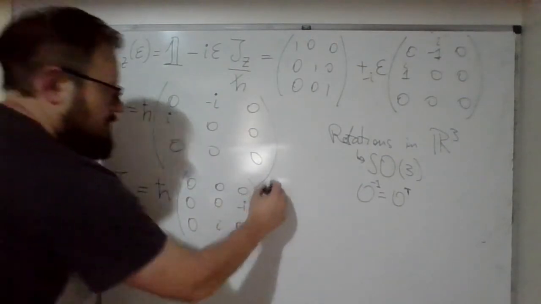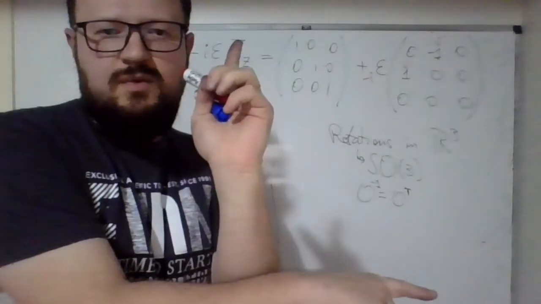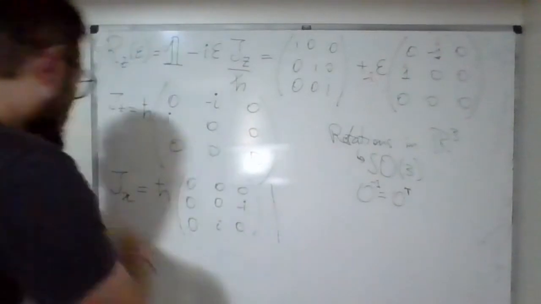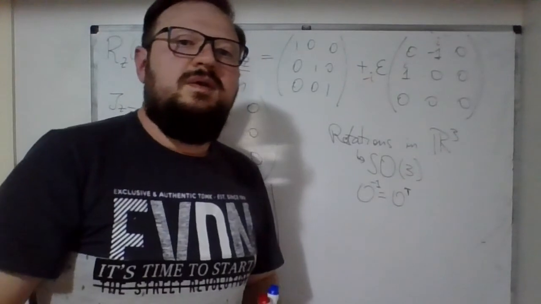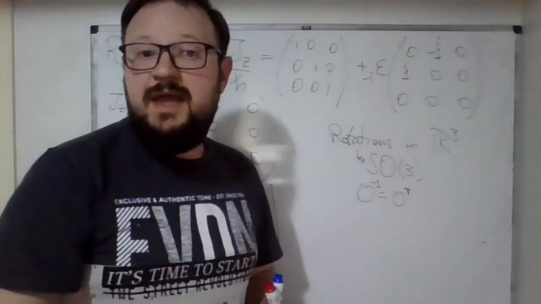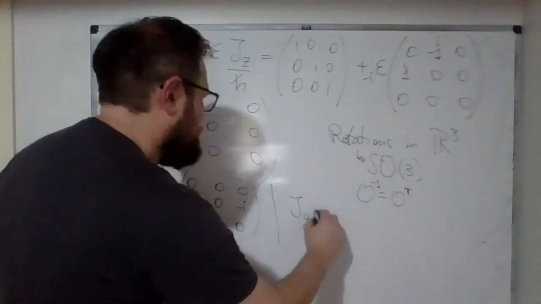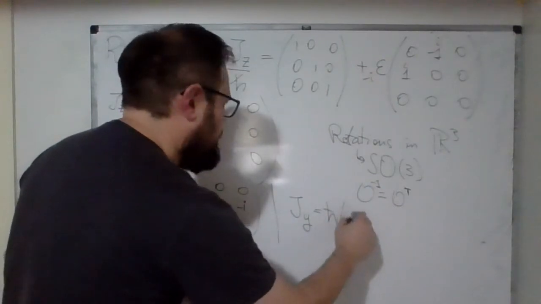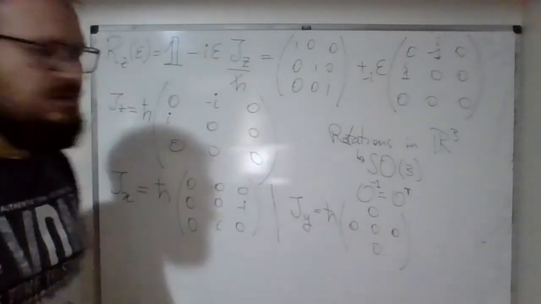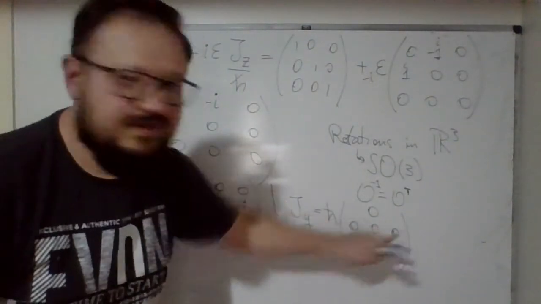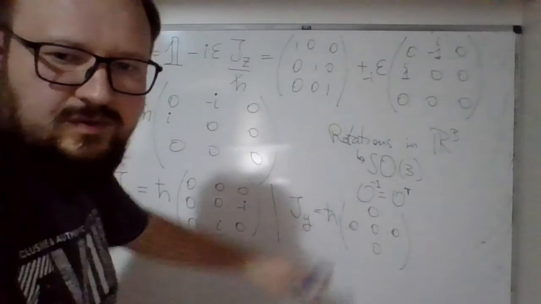And by the same procedure I did for the xy plane, you can do it for the yz plane, which corresponds to x rotations. And you can do it for the xz plane, which corresponds to the y rotation. You'll find out Jy is just h bar times a matrix where the y component gets zeros in the elements which would connect the y component of the vectors to the others.